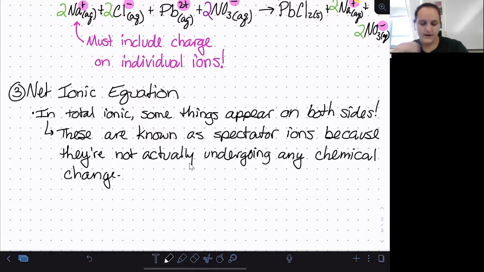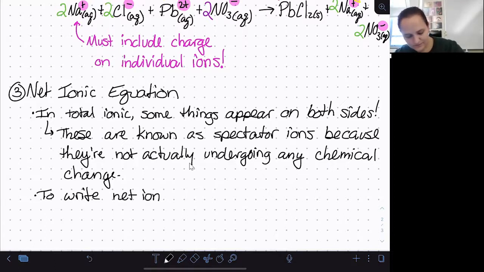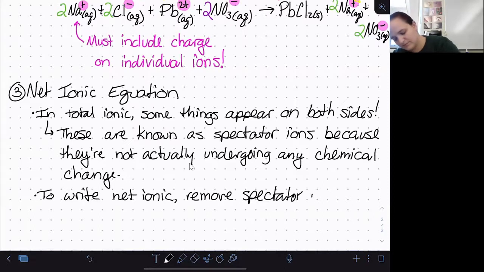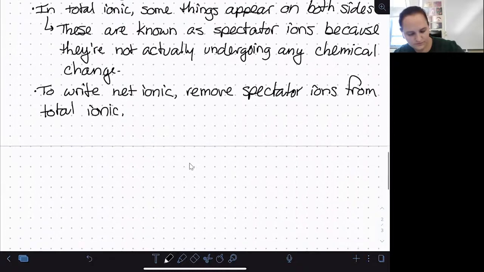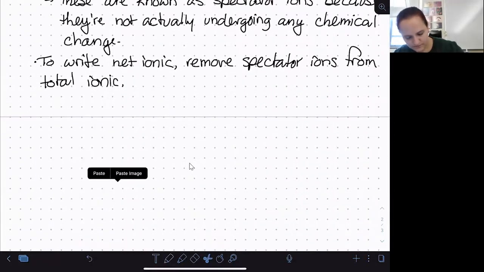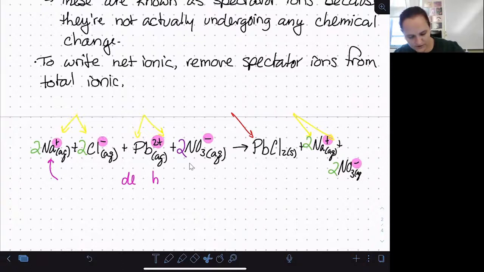So to write a net ionic equation, we take the total ionic and we remove the spectators. See if we can clean this up a little bit.